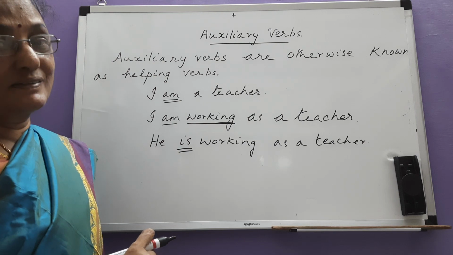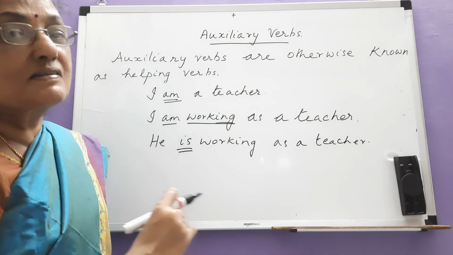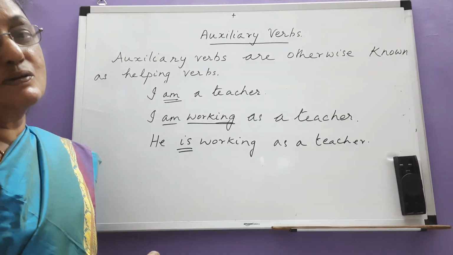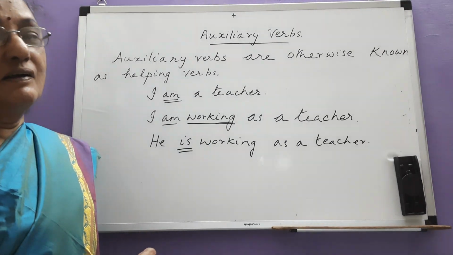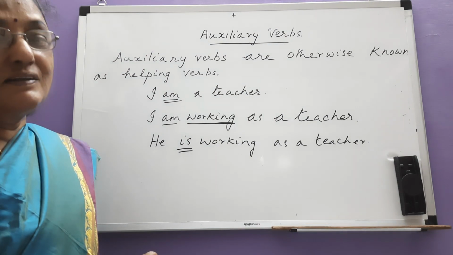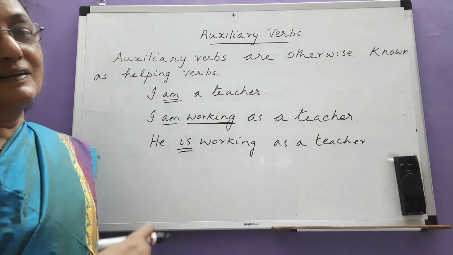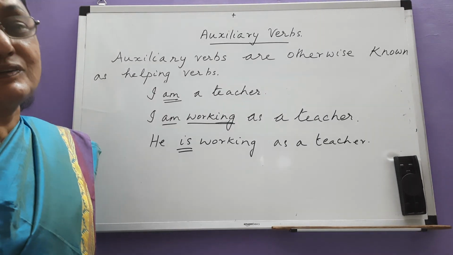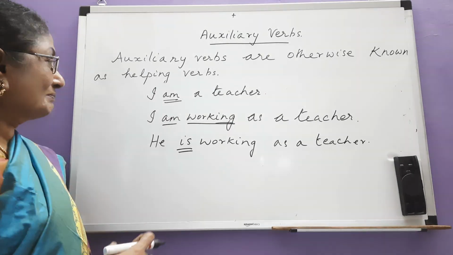He is working. She is singing, like that. In present continuous tense we use it, but the same way past continuous also. He was working as an engineer last year. This year he is working as the chief manager or something like that.